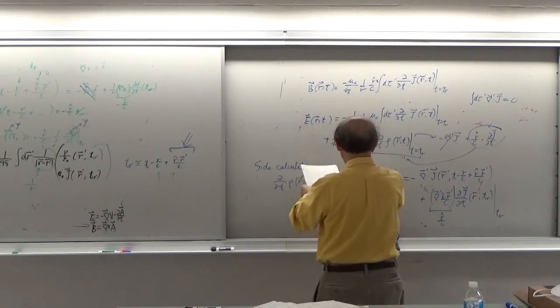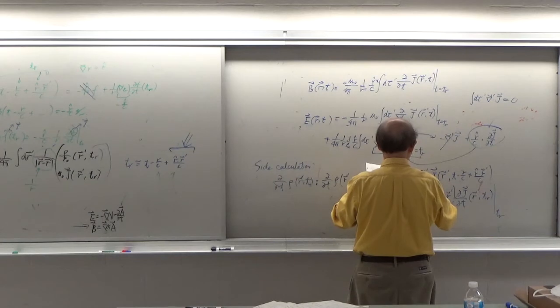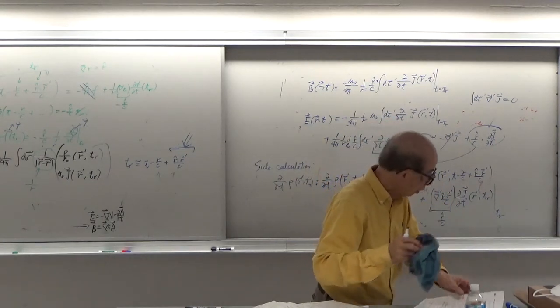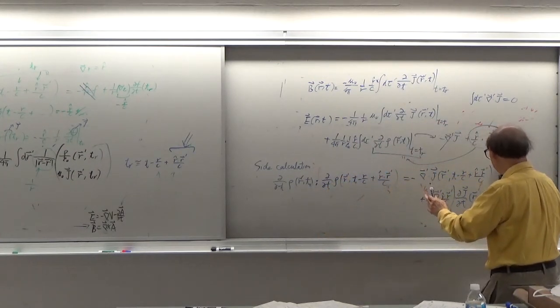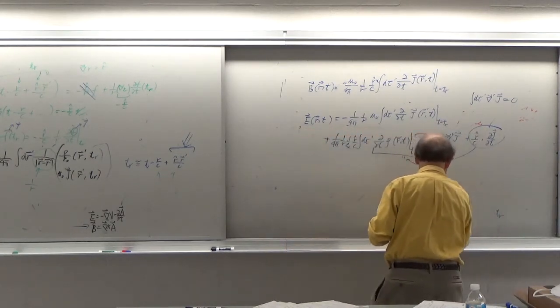So I have R, then R have got that. Okay. So let me recopy this maybe, just in case I made a mistake. And so let me erase this. I'm done with the side calculation.